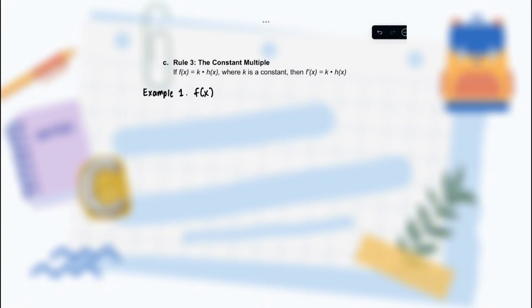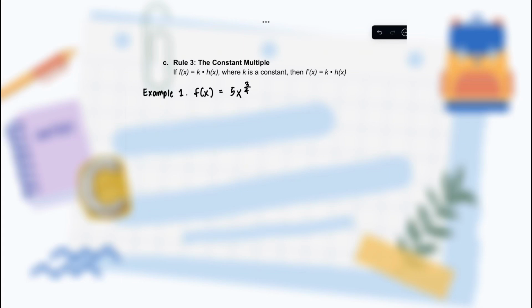Now, let us proceed to the third rule, which is the constant multiple, where f of x is equal to k times h of x, where k is a constant. Then f prime of x is equal to k times h prime of x. For example, f of x is equal to 5x raised to the power of 3/4.